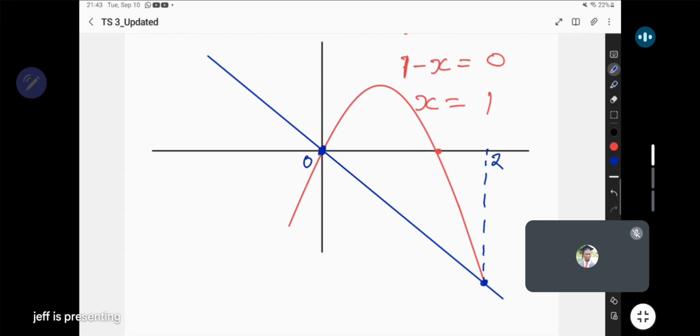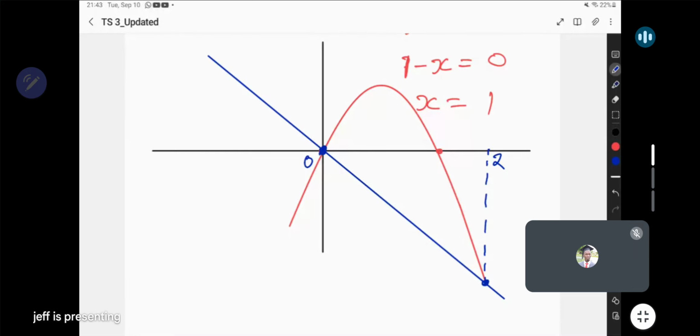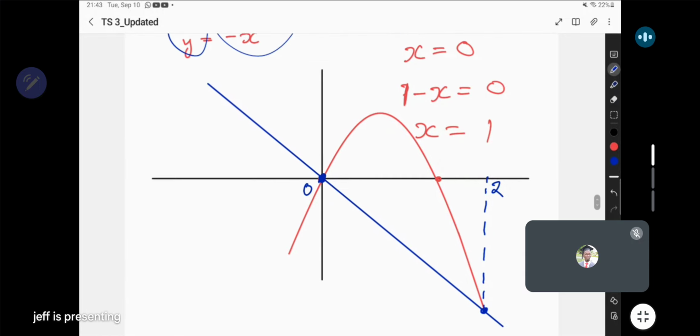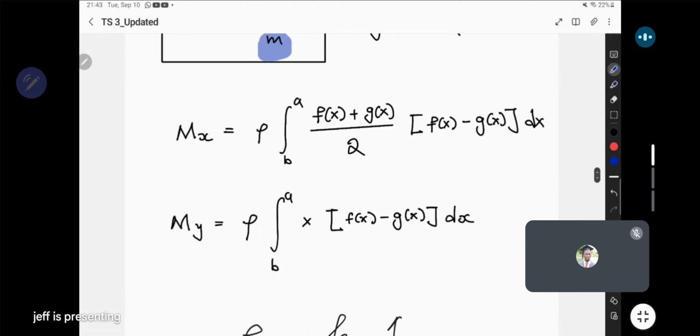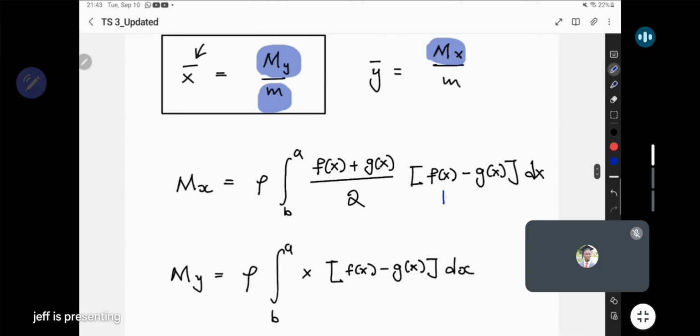Now we can move on to get the coordinates of the centroid, or the center of mass. To get the coordinates of the center of mass, according to the formulas we have here, so look at this. In this expression, where you have f of x, let me get these formulas.